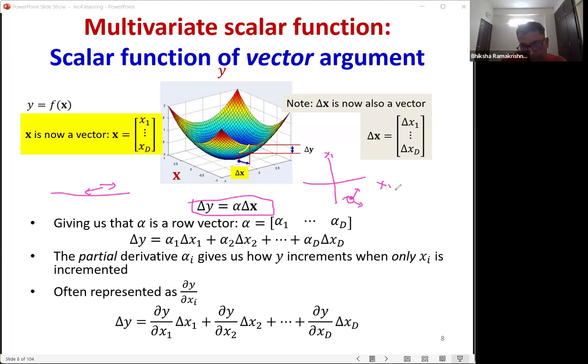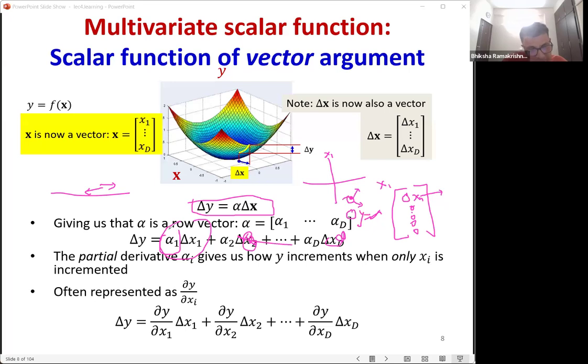And so, suppose I take delta x in a direction where only the first component changes and the rest of them do not change, so that all of the rest do not get perturbed. I should still get delta y equals alpha delta x, but that's only going to leave me with this one term because all of these other delta x's are 0, right? And so in this case, when your delta x is perturbed only along one coordinate, then the multiplicative term that multiplies that corresponding delta x is called the partial derivative of y with respect to that component.